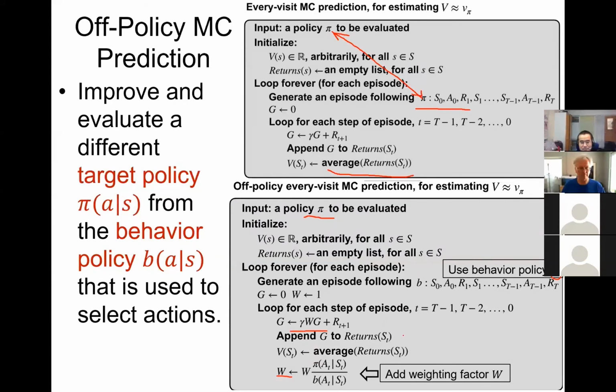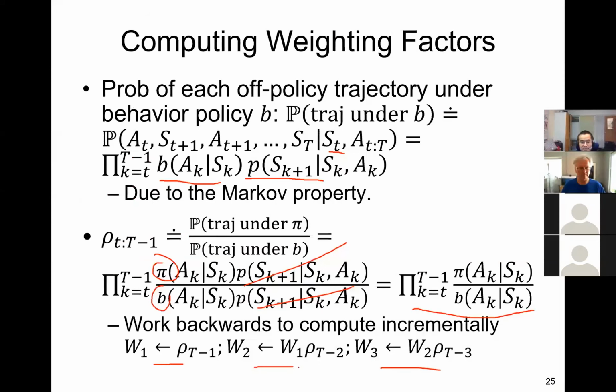The W is computed backwards from the terminal state of the episode, multiplying a factor in a given state at step k: for the target policy, the probability of the action actually taken in the episode, divided by the probability of the action taken in the actual behavior policy.